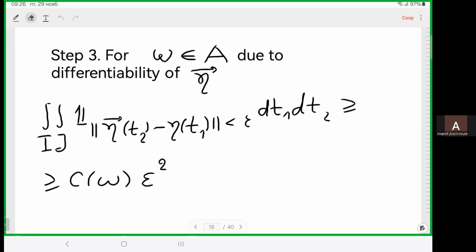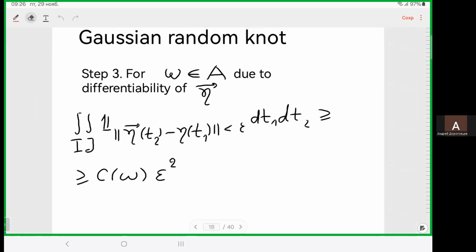Then it occurs that, due to differentiability of our random curve eta, the total time which we spend near this point of self-intersection is no less than some constant, random of course, multiplied by epsilon squared.